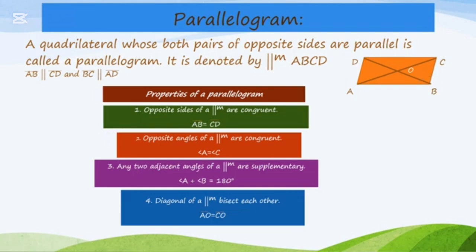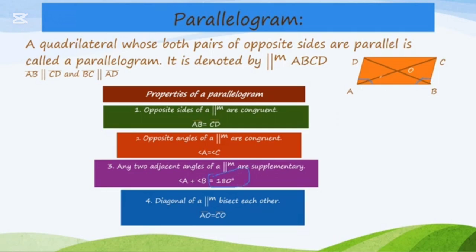Now, any two adjacent angles of parallelogram are supplementary. Okay. For example, angle A plus angle B. Supplementary means the sum of two angles must be equal to 180 degree. So angle A plus angle B is equal to 180 degree.